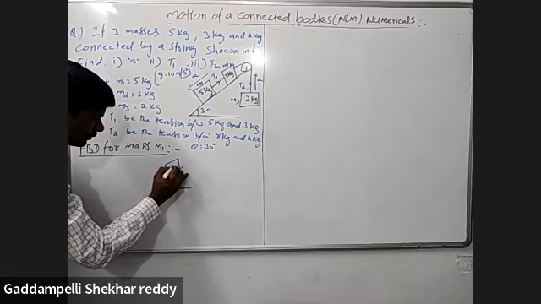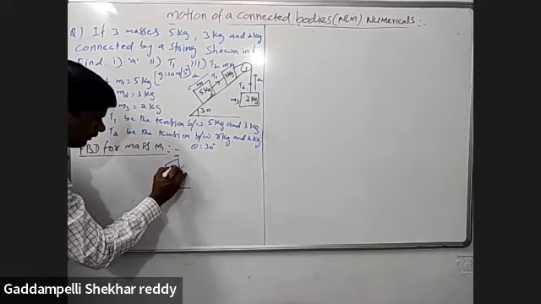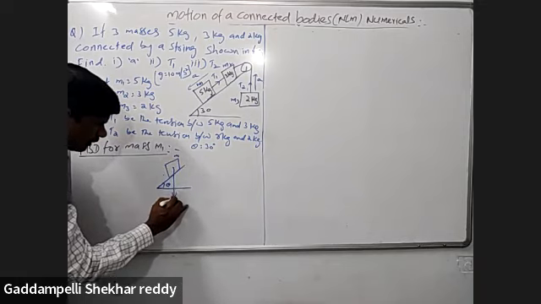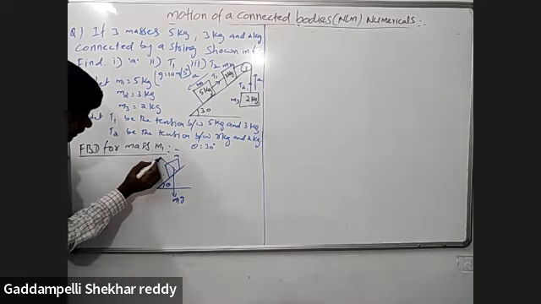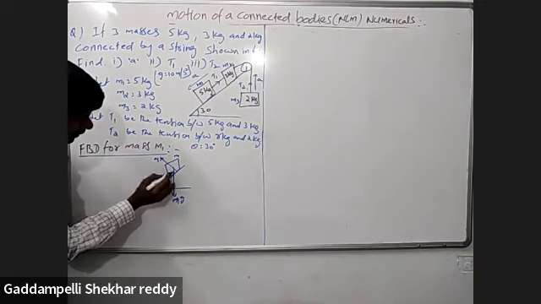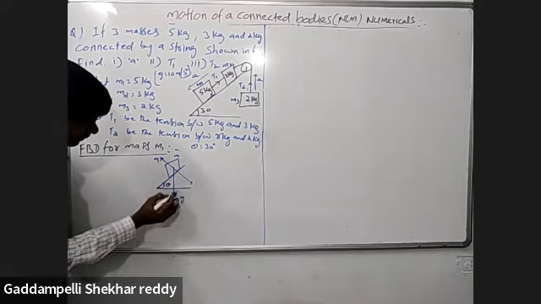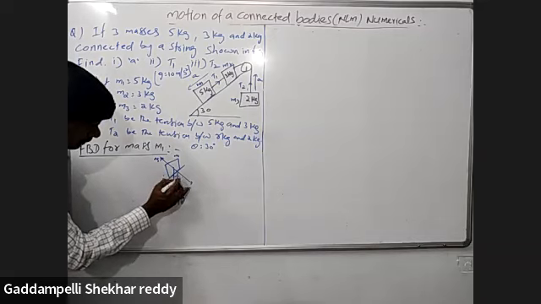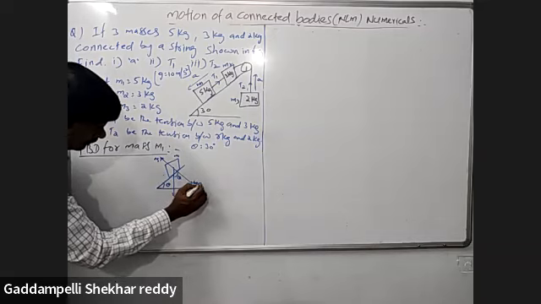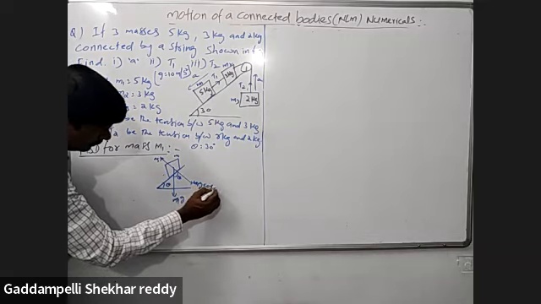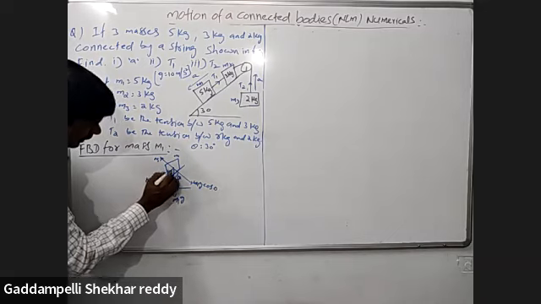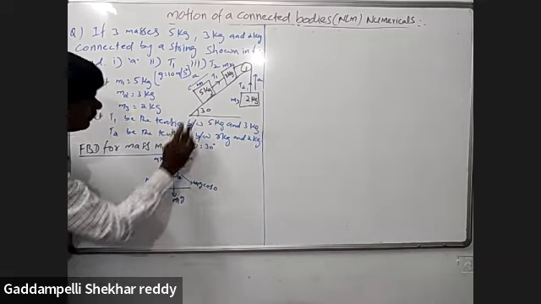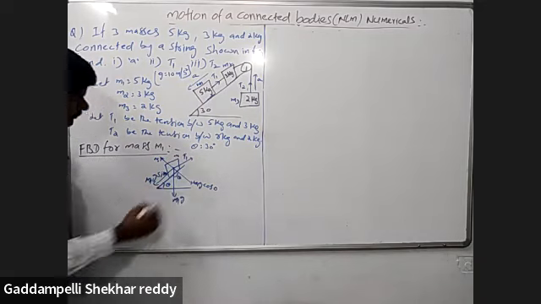Mass 1: the weight of the mass always acts vertically downward. Normal force, let me call it N1 for the first block. Here the weight of the body is resolved into components: M1g cos theta, and M1g sin theta downward along the inclined plane. Tension T1 is developed.